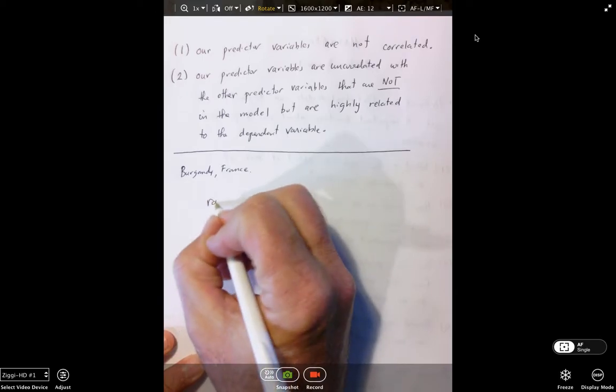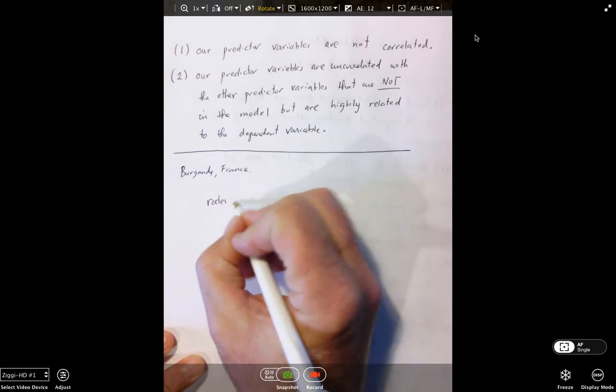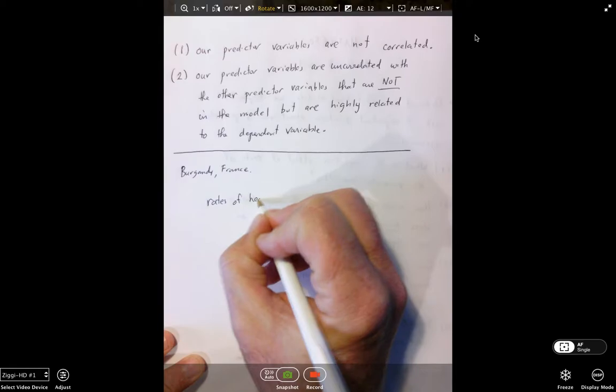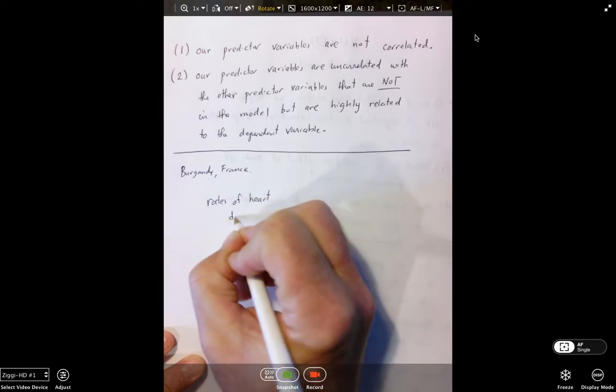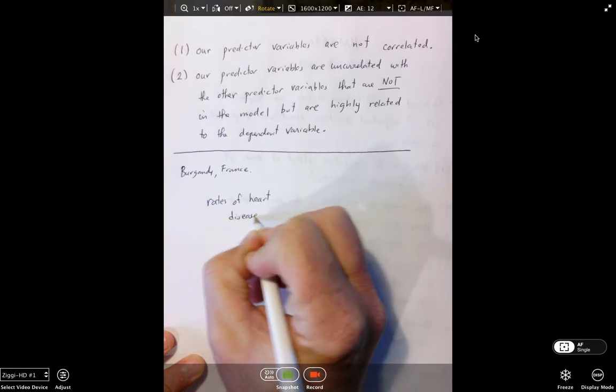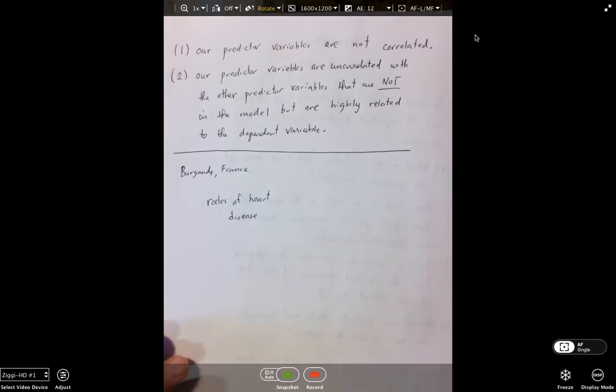So a researcher came back and thought, rates of heart disease. Those questions are usually the guiding foundation to significant research.